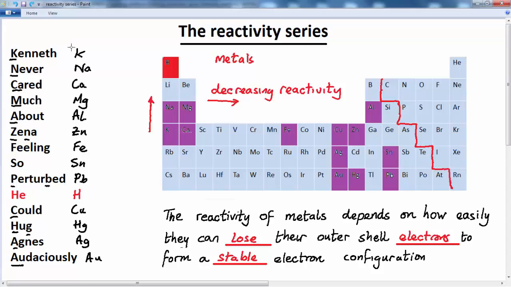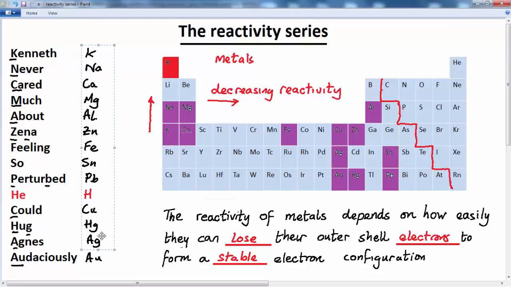So we're going to have to include lithium in the reactivity series. So what you've got to do, if you're going to use this rhyme, is to remember the rhyme, move it over, and then leave a gap for lithium. And lithium, as you probably imagine, fits in after sodium. As you would expect with the group 1 elements, you have potassium, sodium, and then lithium is the next reactive.